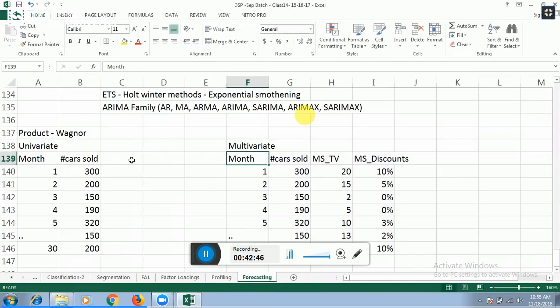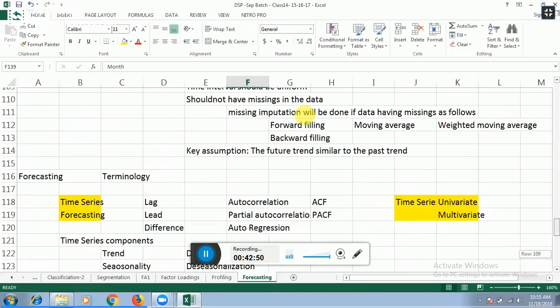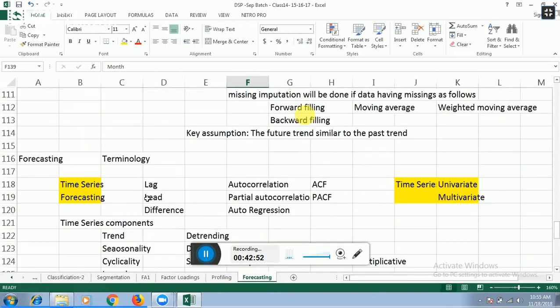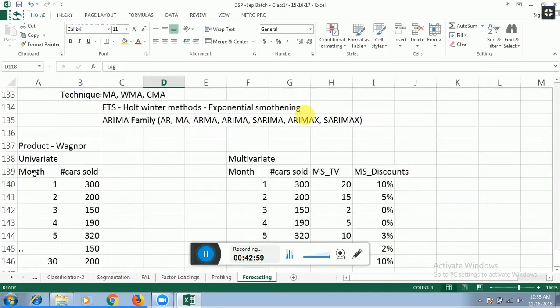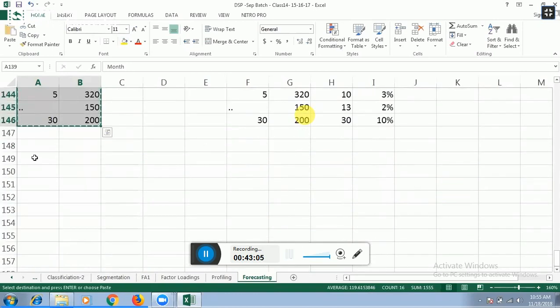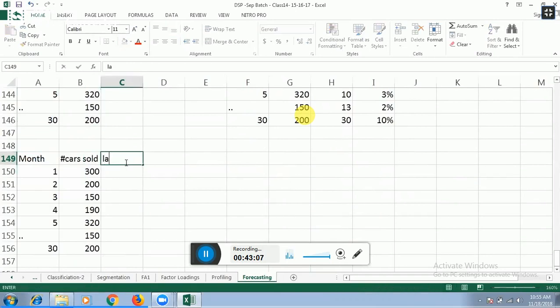Okay, so are you clear on these terms? This is what we call a univariate time series and a multivariate time series. So let's understand these 3 terms. For example, if you take this series, lag is nothing but lag 1 of cars sold.